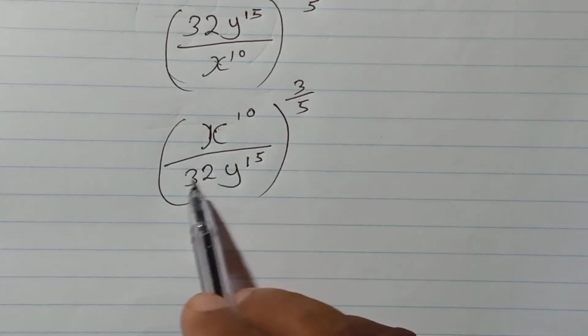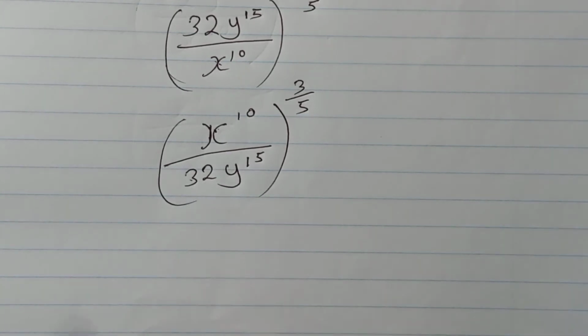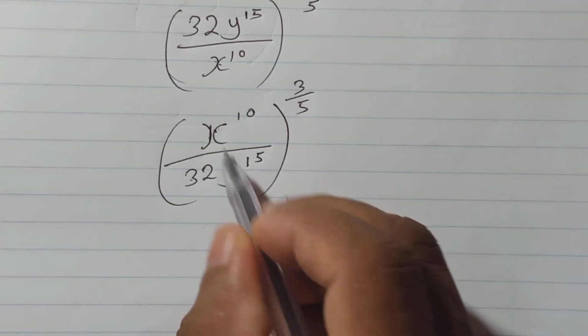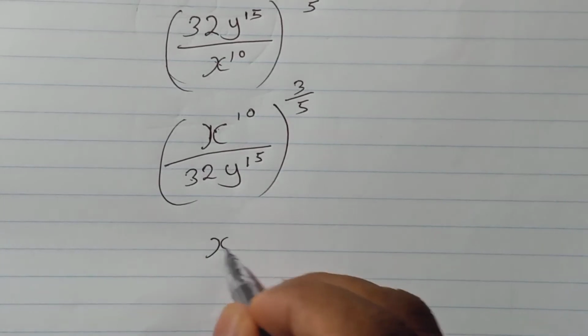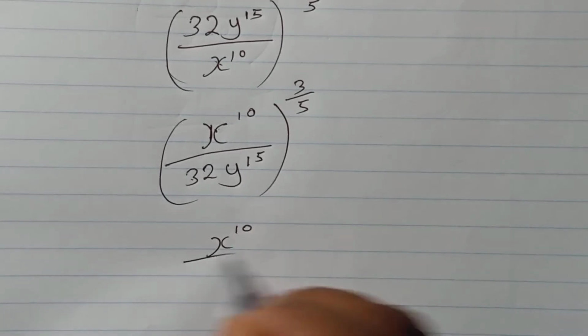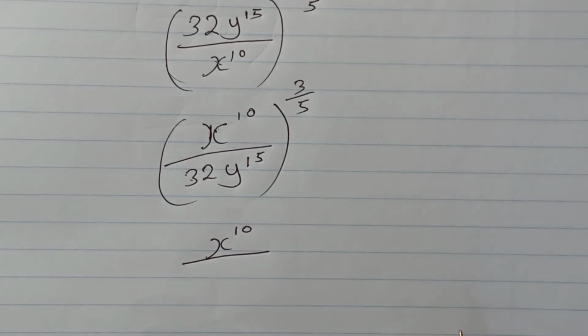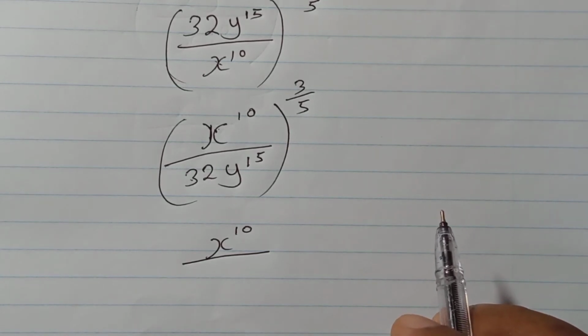These all you should make as powers, including indices. So I will write here x to the power 10, and 32 needs to be written as a power, how can you write it?